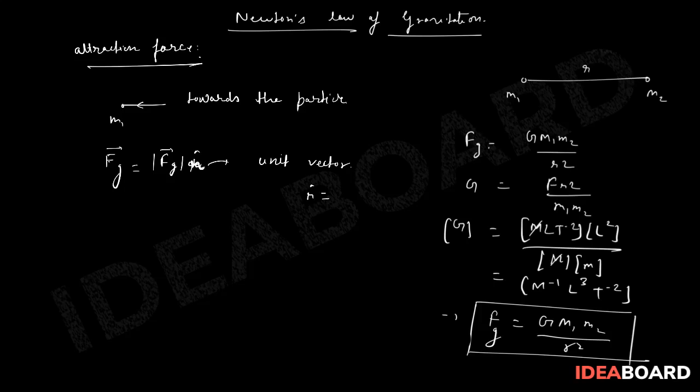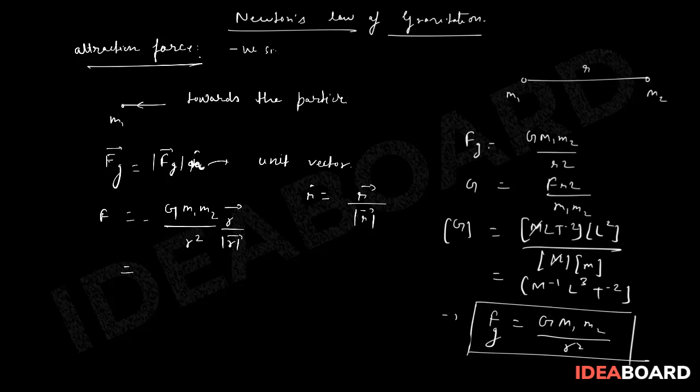Now we can define r cap as nothing else but vector r divided by mod of r. So now we can substitute the values. This is going to be G m1 m2 upon r square, and we will have r cube. So vector r divided by mod of r, and we can introduce a negative sign, which represents the attraction force.